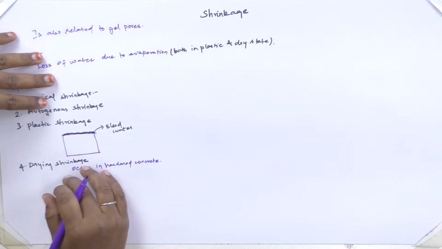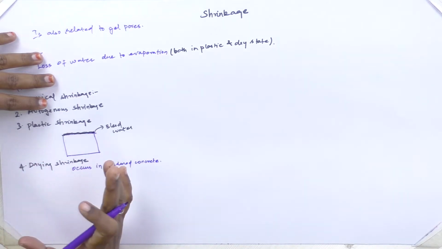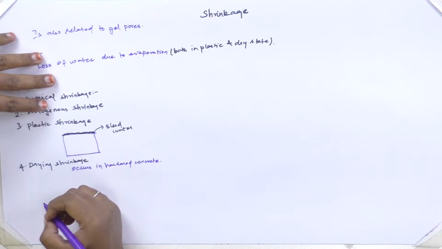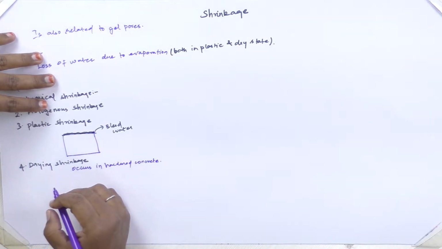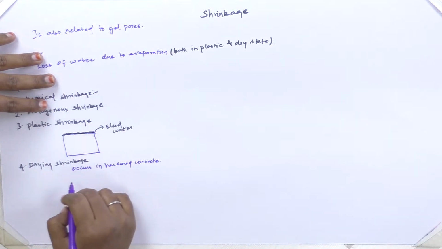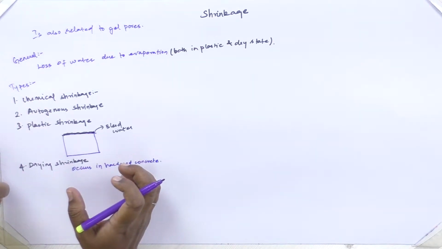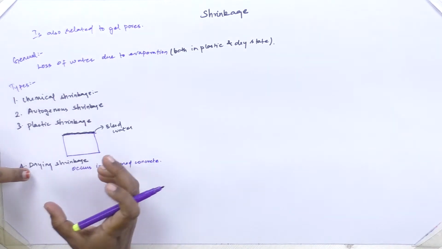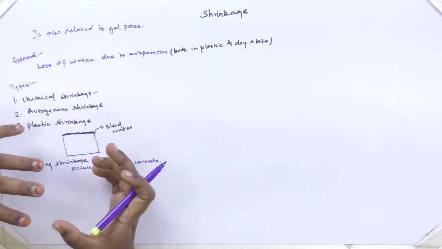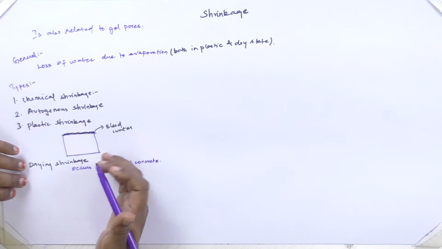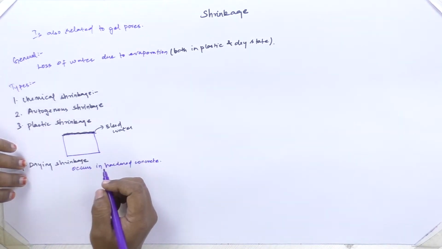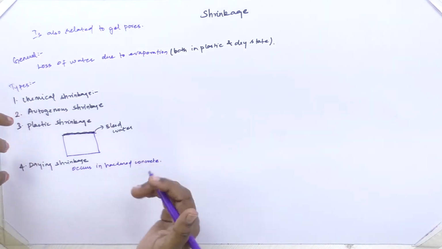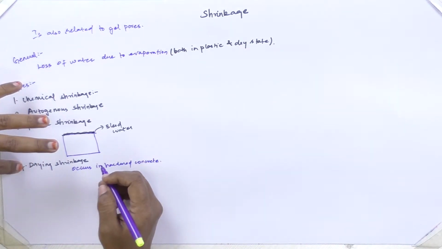There will be some breaking of bonds. We have discussed this in the first lecture, in the hydration part. The bond which exists between the cement products is of van der Waals force. So because of the breaking of bonds and creation of another bond, this drying shrinkage occurs.